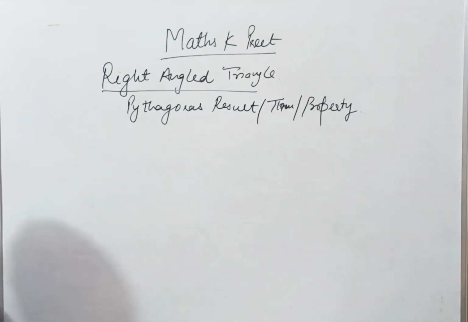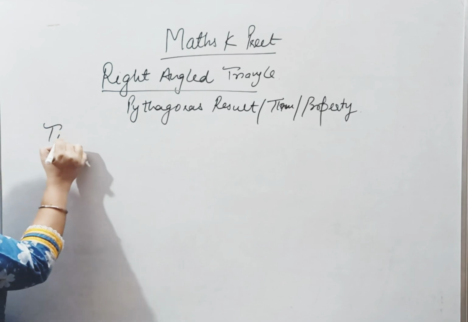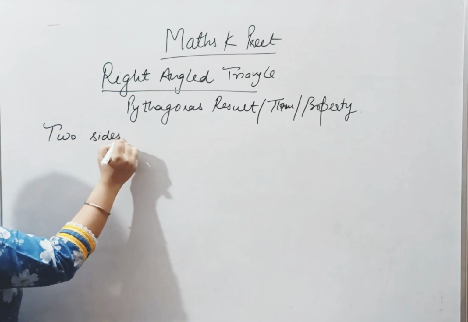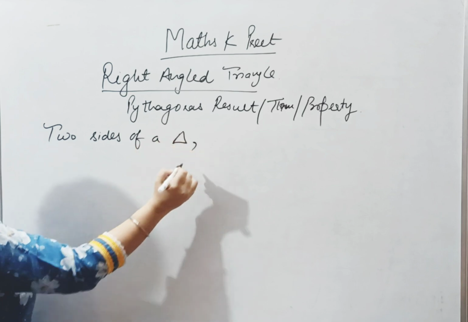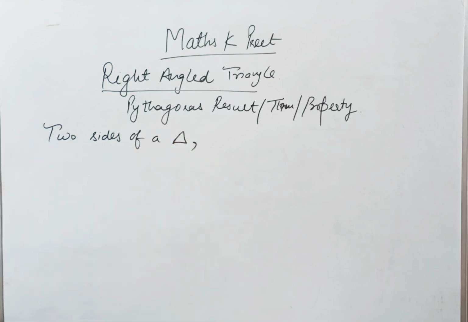Before that, we know that if we have two sides of a triangle, then if we need to find the third side, we cannot find the third side exactly.